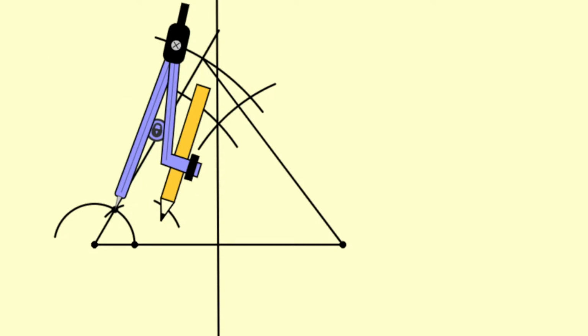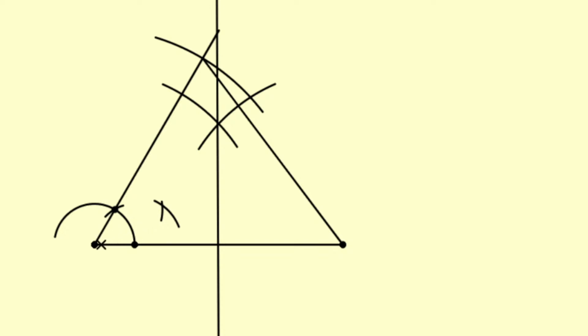So I have drawn the angle bisector, and where both the lines are intersecting, that point you can name as point P.